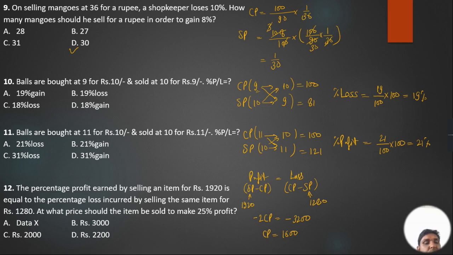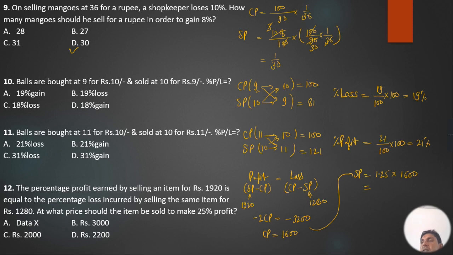In the question he is asking, at what price should the item be sold to make 25% profit? So here you have to find the selling price when the profit is 25%, that means 1.25 multiplied by the cost price, that is 1600.